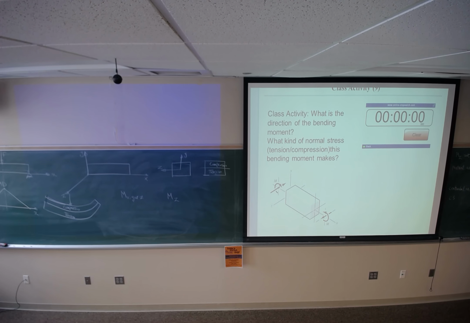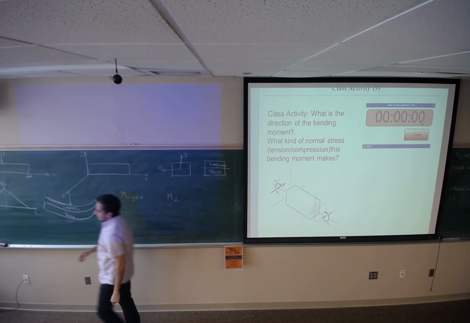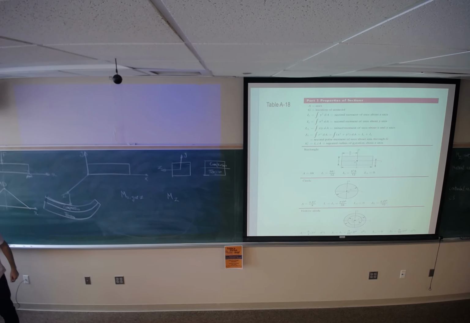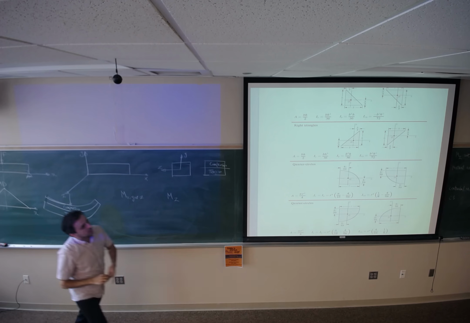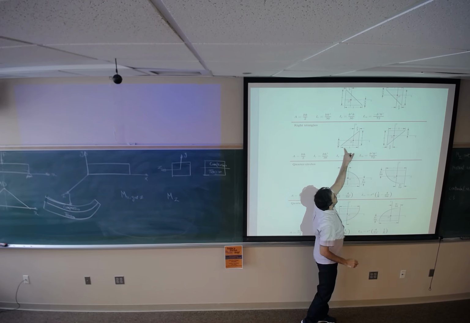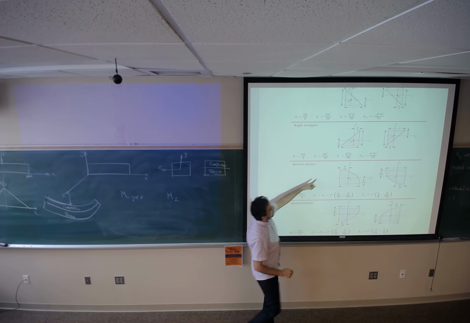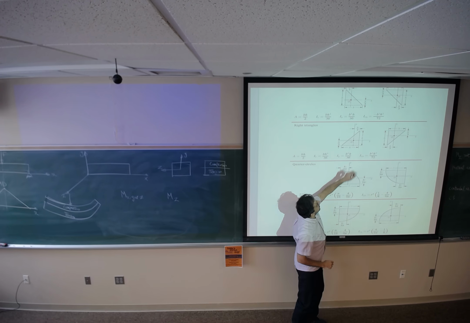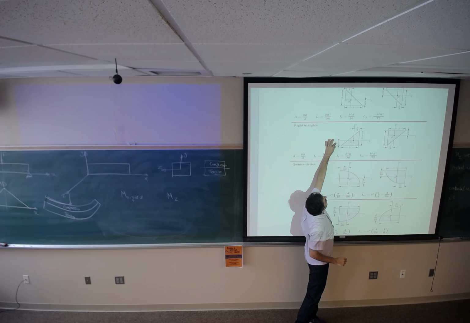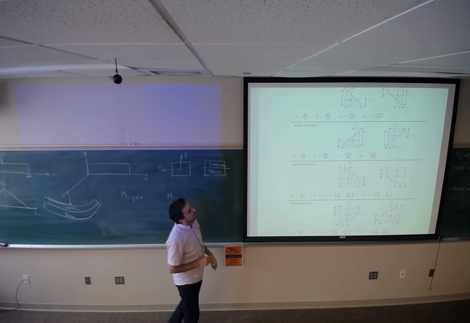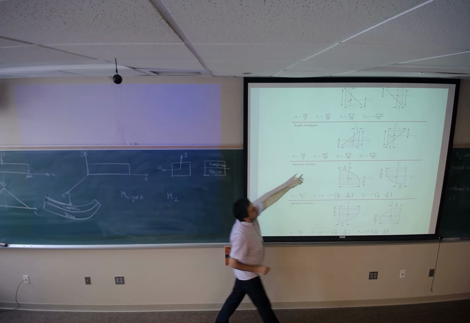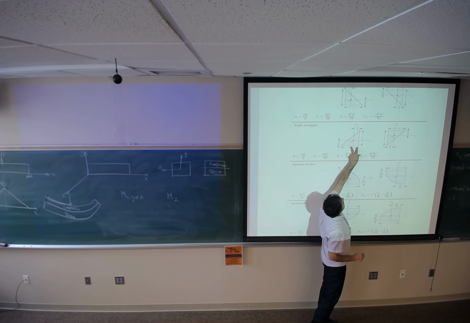If I have something like this, a circle, again the centroidal axis is going to be at the middle. For a different type of cross section, like this triangle, the centroidal axis is located h over three from the base, and this distance is b over three.